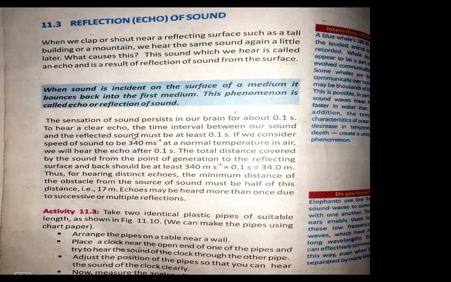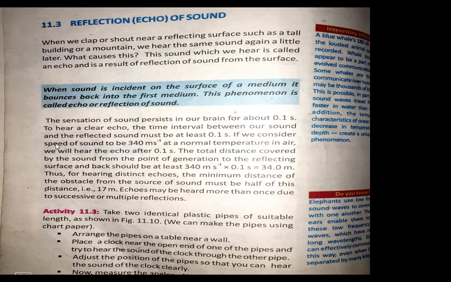To hear a clear echo, the time interval between our sound and the reflected sound must be at least 0.1 second. What does this mean? If you are in an empty room or near a tall building and you shout, and you want to hear a clear echo, the time interval between our sound and the reflected sound must be at least 0.1 second.